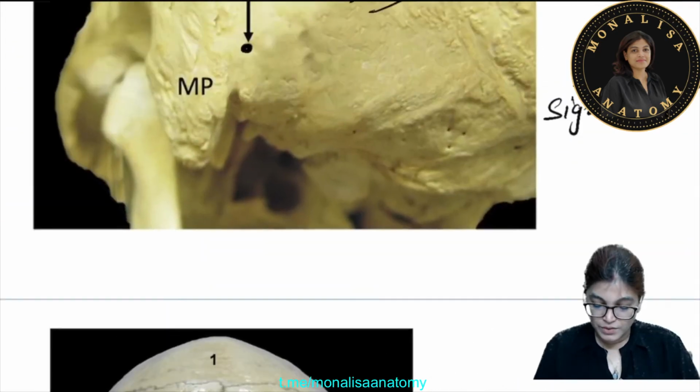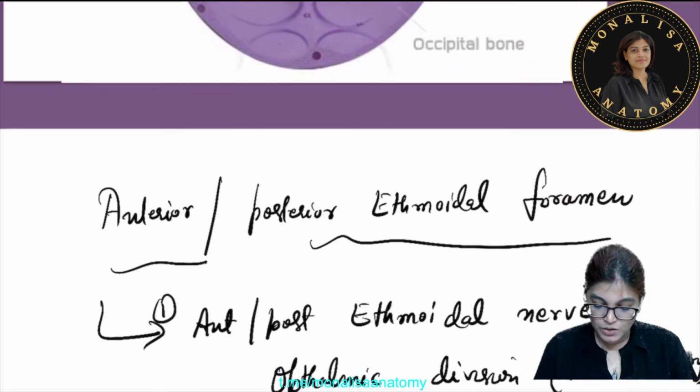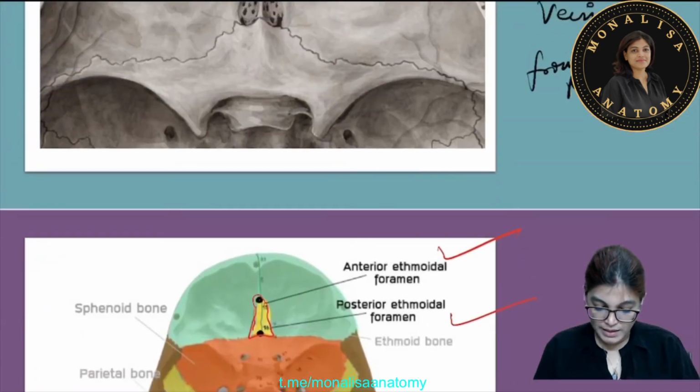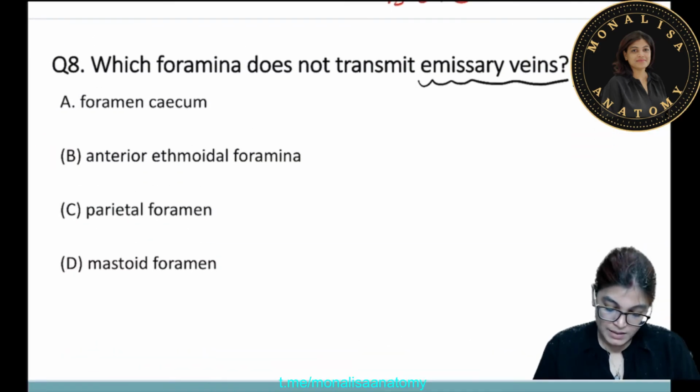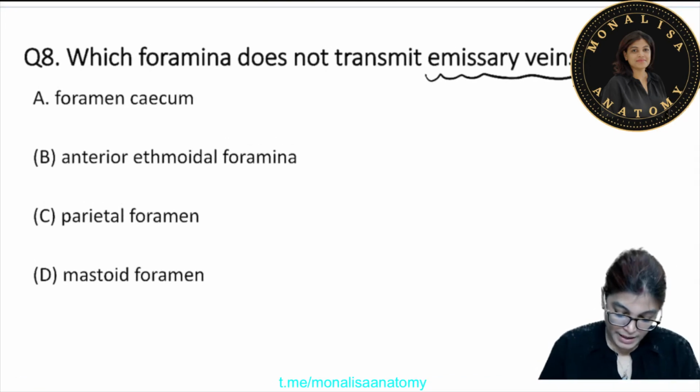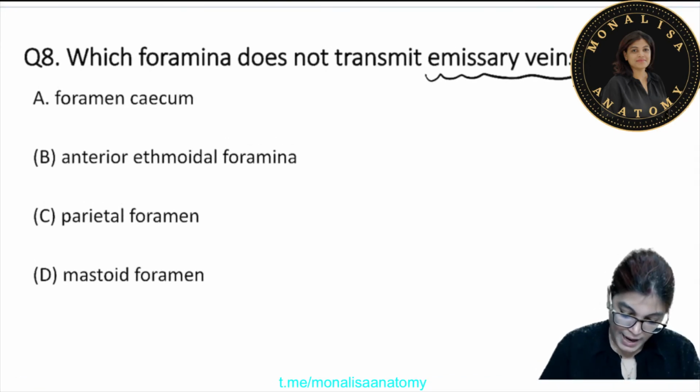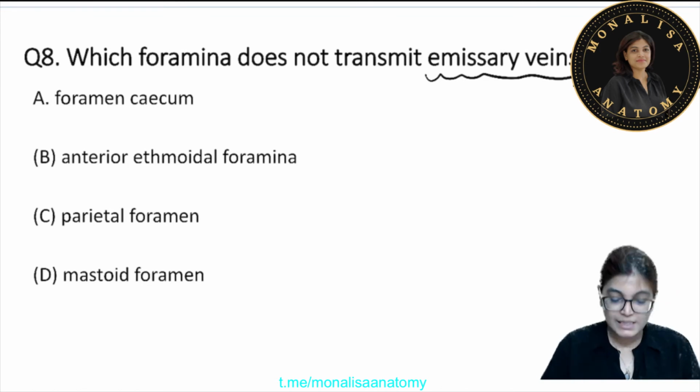So we are done with all the options provided in this MCQ. Let's see the correct answer now. Which of the following foramen does not transmit emissary vein? As we have seen, foramen cecum, yes, through it passes the emissary vein, which forms a connection with the superior sagittal sinus. Parietal emissary vein, yes, forming a connection with the SSS.